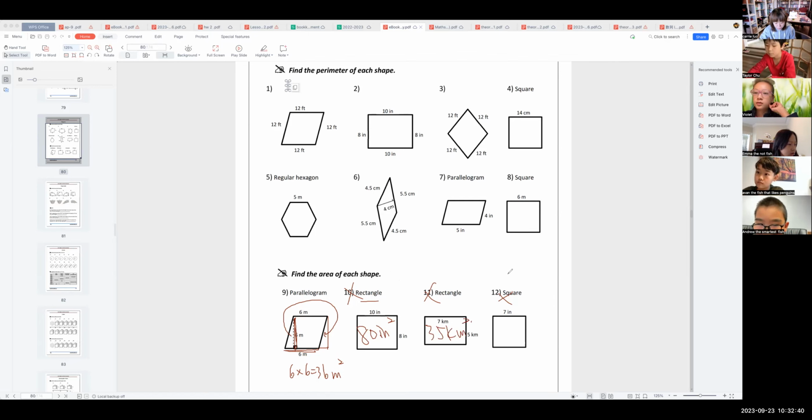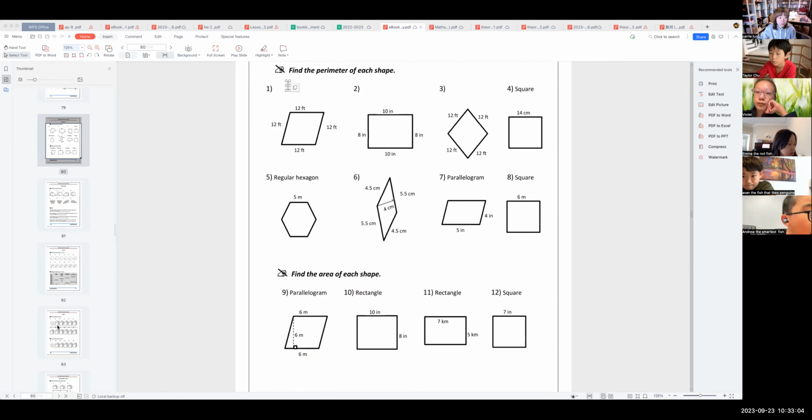Okay, very good. Okay, number 12. 49 inches square. Good job. Very good. Okay, so we're going to move forward.